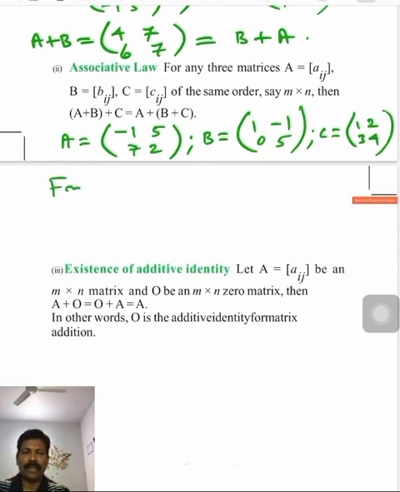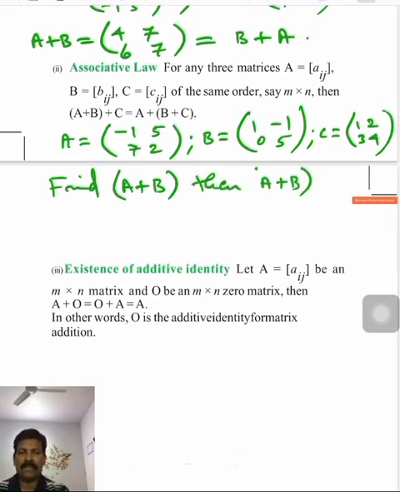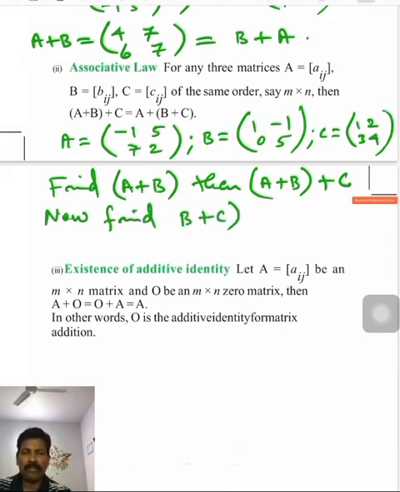Then we have to verify the associative law. How to do it? We have to find A plus B first of all, then add C to that. Secondly, we will do B plus C first of all, then add A to that. In either case, we will see the answer is the same. So A plus B plus C is equal to A plus B plus C. This way you can verify. Please complete the work.